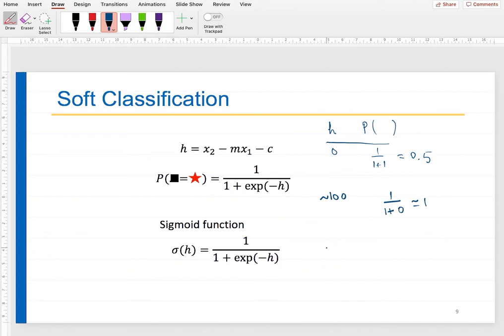If h is approximately minus 100, what is your p? 1 upon 1 plus some very large value. So this is very, very large, so this will be approximately equal to 0. Which means if you are on the negative side, then you say I am very sure this is not a rose, which means it's a lotus.